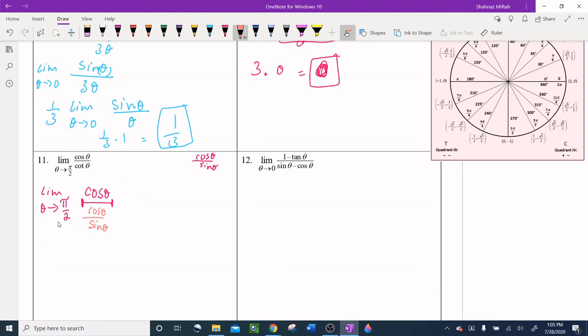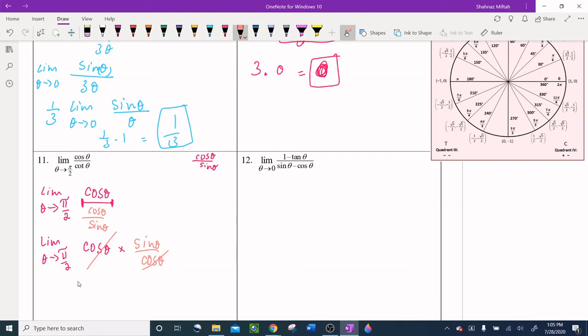So I have the limit as theta approaches pi over 2 of cosine theta times this fraction, and I'm going to do the reciprocal of that. So it's going to give me sine theta over cosine theta. Now I'm good. Cosine cancels, and I'm left with sine theta.